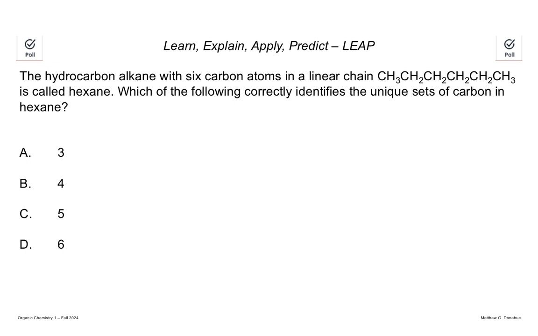So now we're going to start with the 6 carbon atom alkane. So this is going to be C6H14. And so that's called hexane.